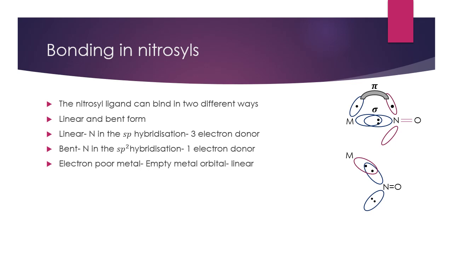Therefore we can say that in the case of electron poor metals, which have vacant d orbitals available for accommodating the lone pair of electrons, NO will act as a 3 electron donor. They undergo linear binding, and if not, then it will undergo bent type of bonding and will act as a 1 electron donor.